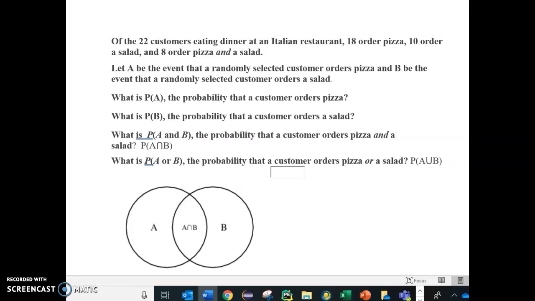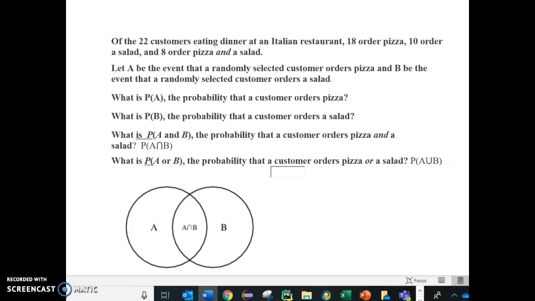So we have 22 customers eating dinner at an Italian restaurant. 18 ordered pizza, 10 ordered a salad, and 8 ordered both pizza and a salad. Let A be the event that they order pizza, and let B be the event that they order a salad. What's the probability of A, the probability that a customer orders pizza?